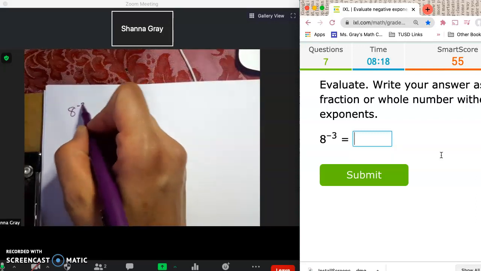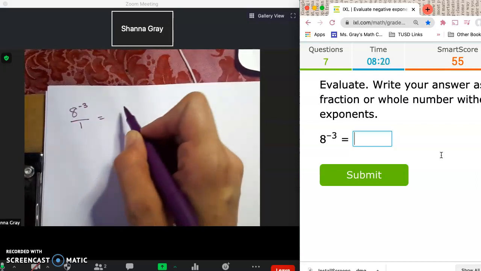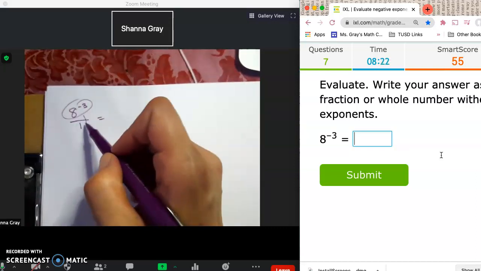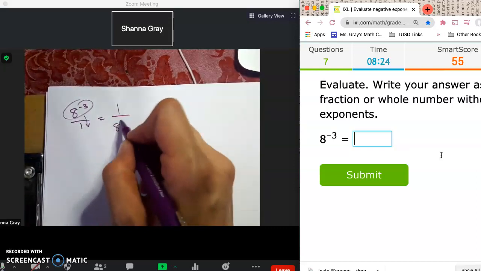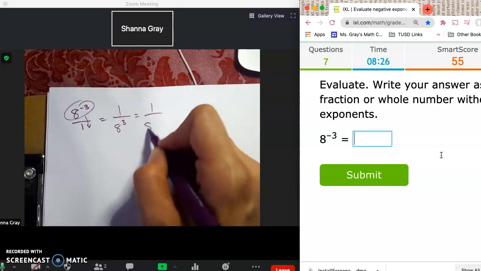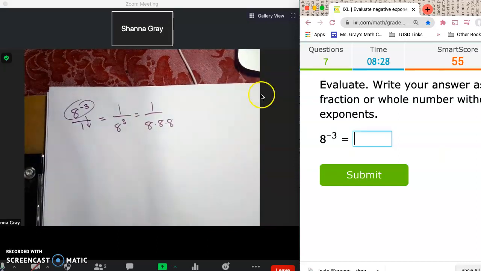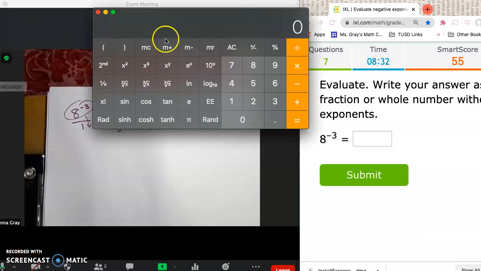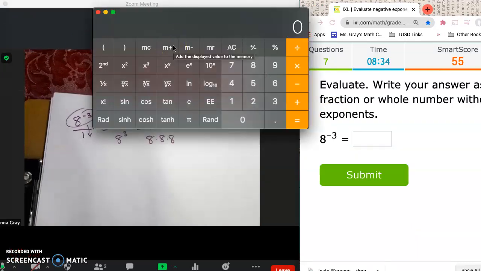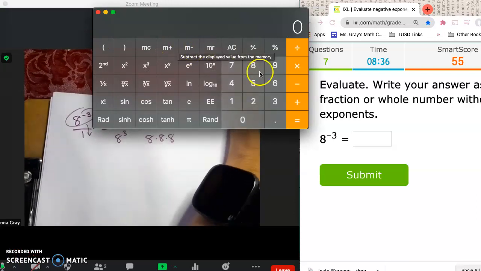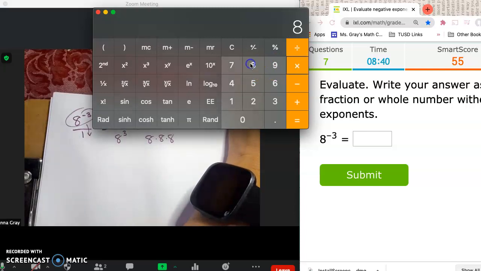Eight to the negative 3 power. So I'm going to put that over 1. Move it down to the bottom. So 1 over 8 times 8 times 8. I would like to point out at this point in the work that if you're using a calculator, I feel like that's completely fair. You're in 8th grade. We're not practicing multiplication anymore. We're practicing exponents.